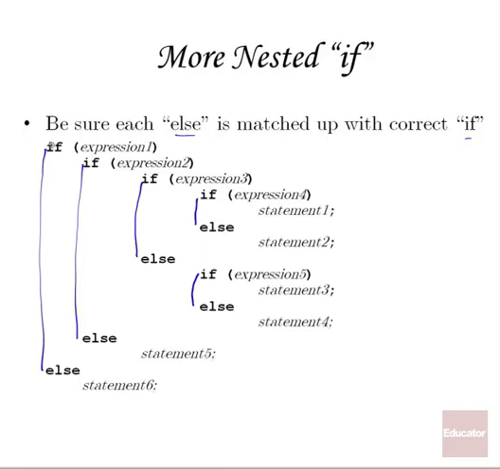Especially when you have a case where, what if there is no else for this particular if, but you put an else that you intended to go to some other if? Well, the else will go to the nearest non-else if, to put it in the craziest way possible. So there will be occasions where you will need to put curly braces around the code so that you know exactly where a given else belongs.